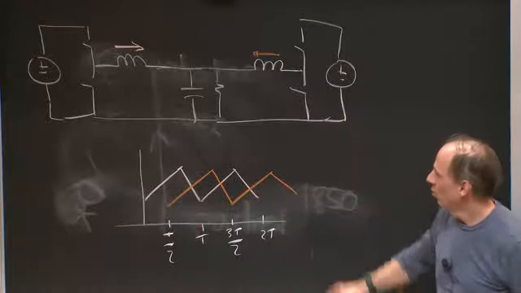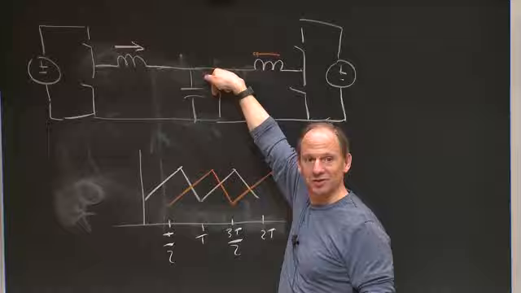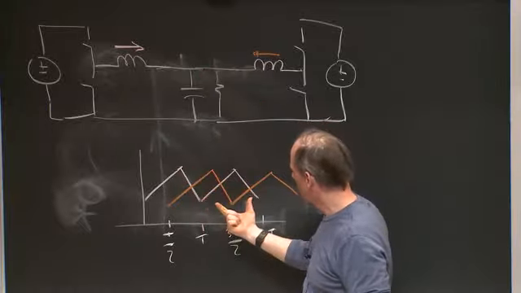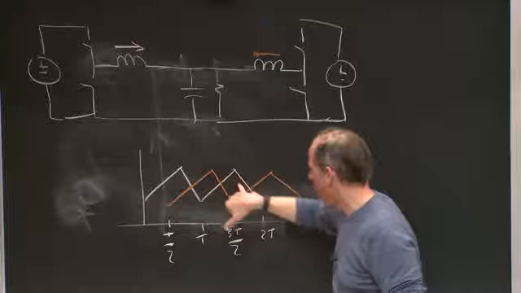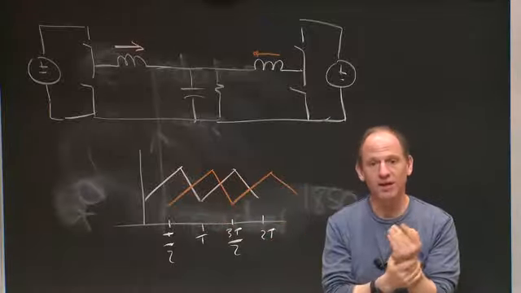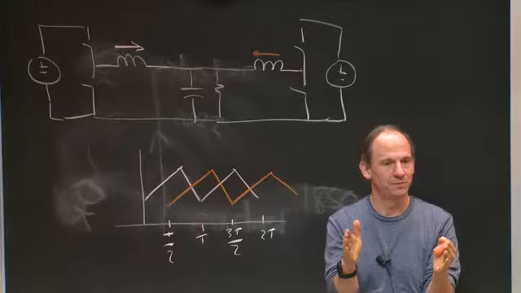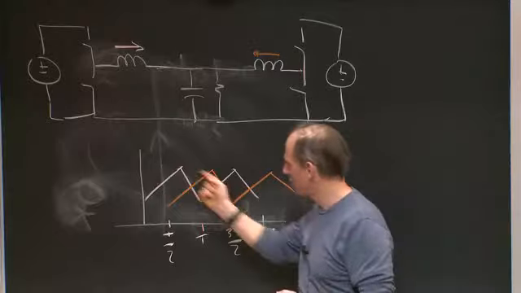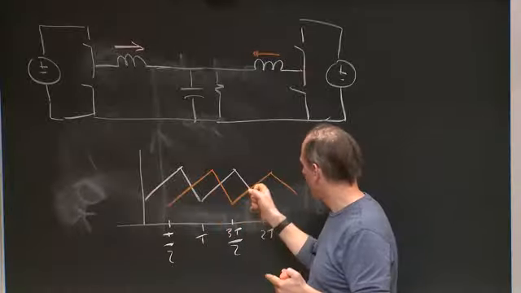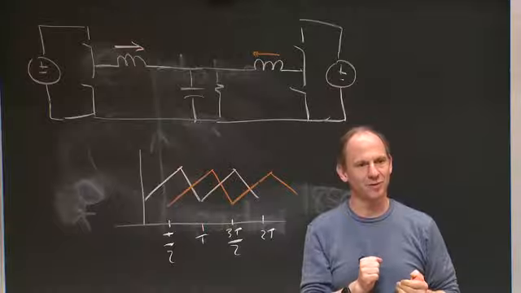What total current goes into the output capacitor? Well, it's the sum of this one and this one. But if I basically make orange and pink shifted by 180 degrees of the fundamental, that means the fundamental ripple will cancel. The second harmonic of the orange waveform will be shifted by 360 degrees at the second harmonic relative to the pink one.